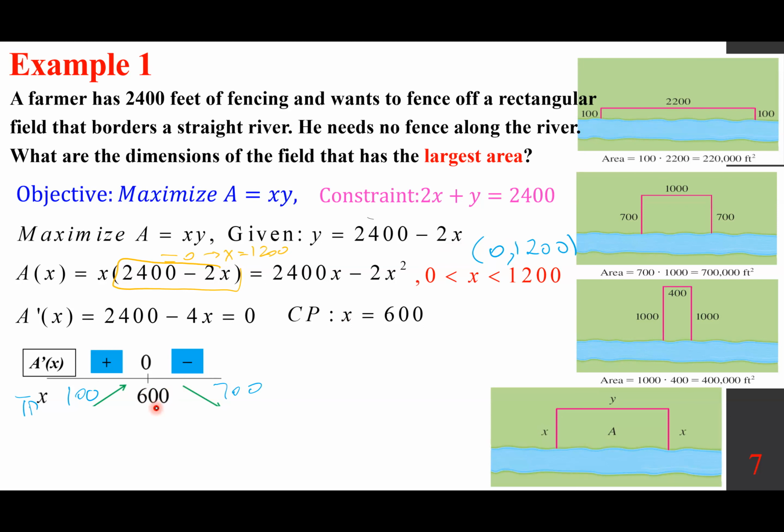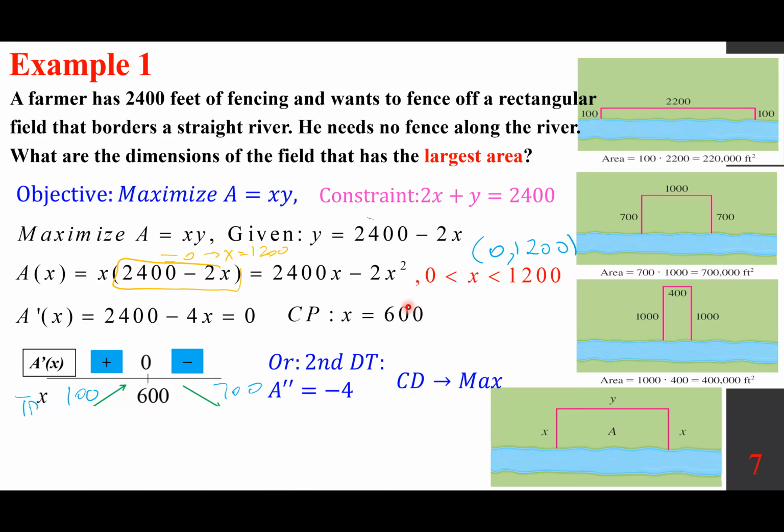However, if you go with the second derivative, A double prime becomes negative 4, which means concave down, and that means a maximum. Normally the second derivative test is easier.